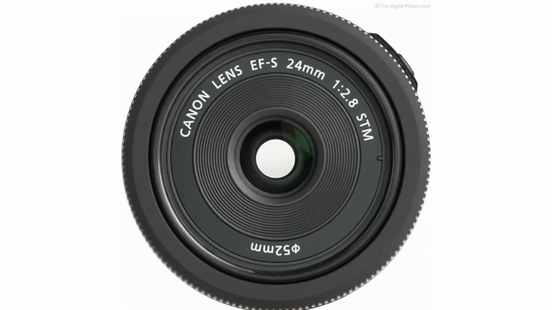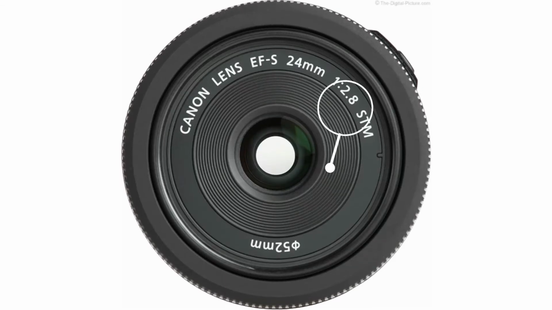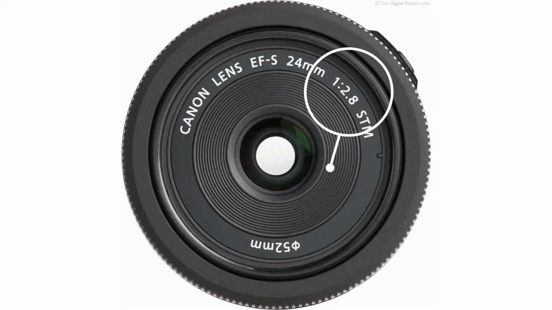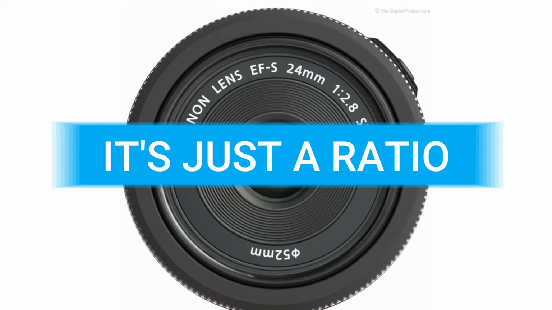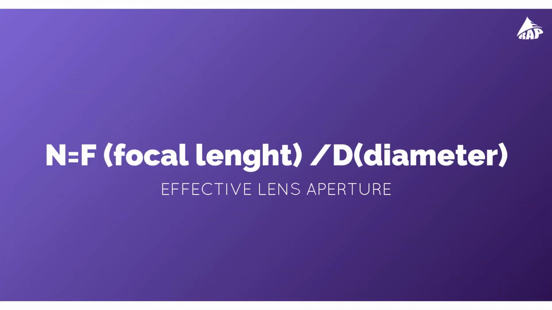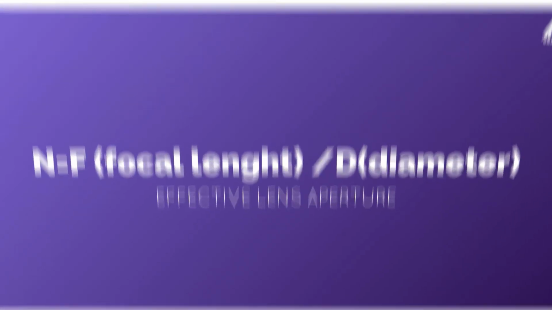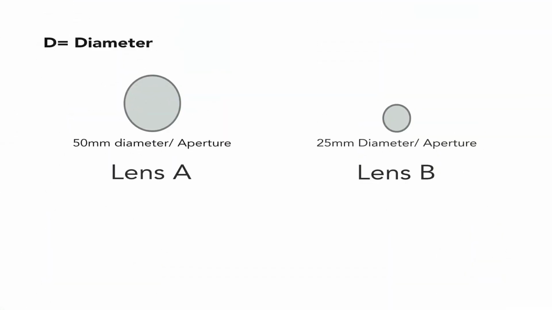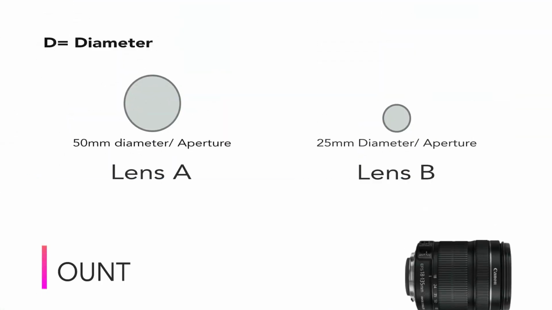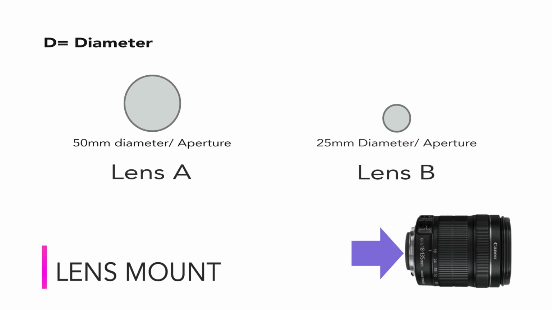Here you can see f-numbers printed on the lens mount. As I already told you, this value printed here is not actually the effective aperture size of the lens. You can calculate the effective aperture size of the lens using this formula. Let's understand this concept with an example. Here we have two different lenses of the same mount.